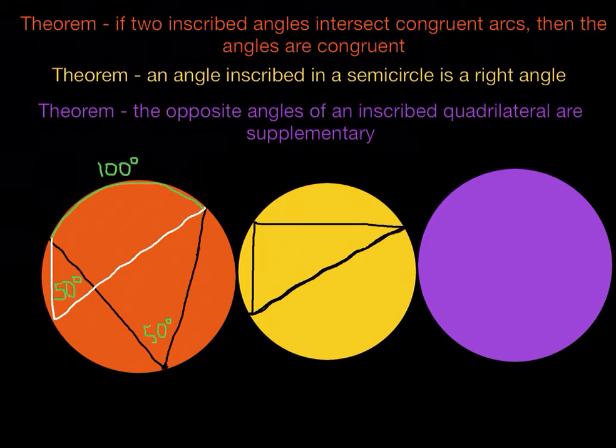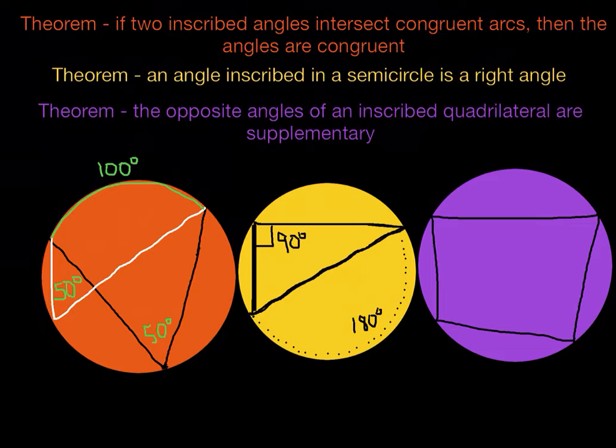Now, if we have an inscribed angle whose intercepted arc is half the circle, then we know that this angle is going to be, bam, a right angle, because its intercepted arc from here all the way around the circle to here is 180 degrees, and the angle is half of that, so this must be a 90-degree angle. So there's another theorem.